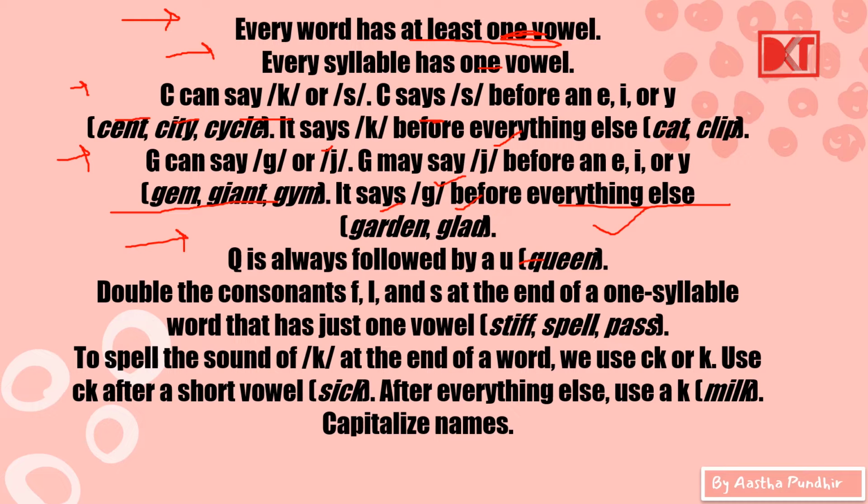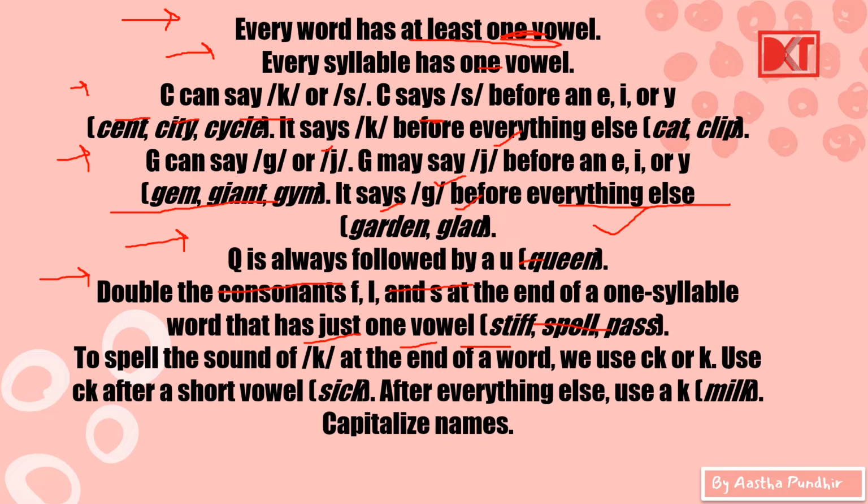Okay, now another rule: double the consonants F, L, S at the end of a one-syllable word that has just one vowel. So you double these consonants F, L and S at the end of a one-syllable word. Stiff, spell, pass, they are one-syllable words and have only one vowel.